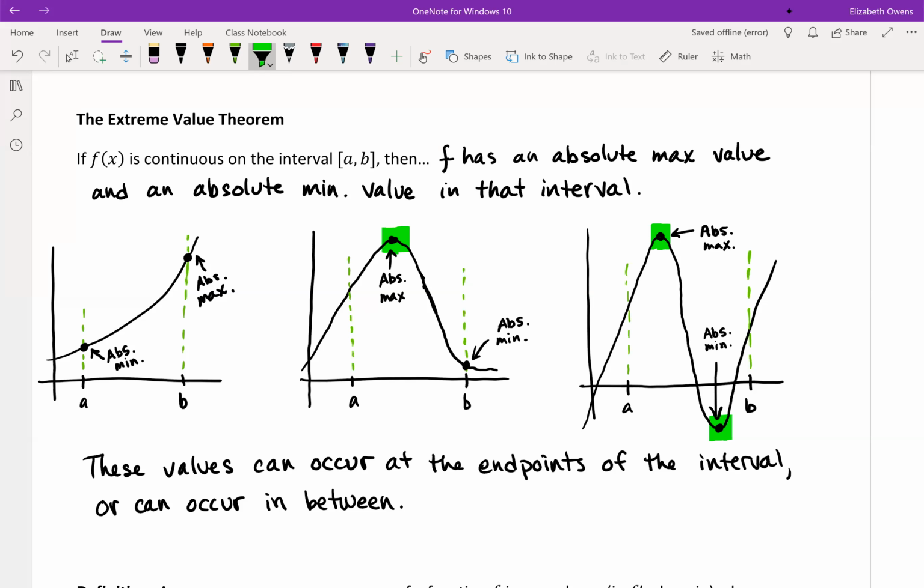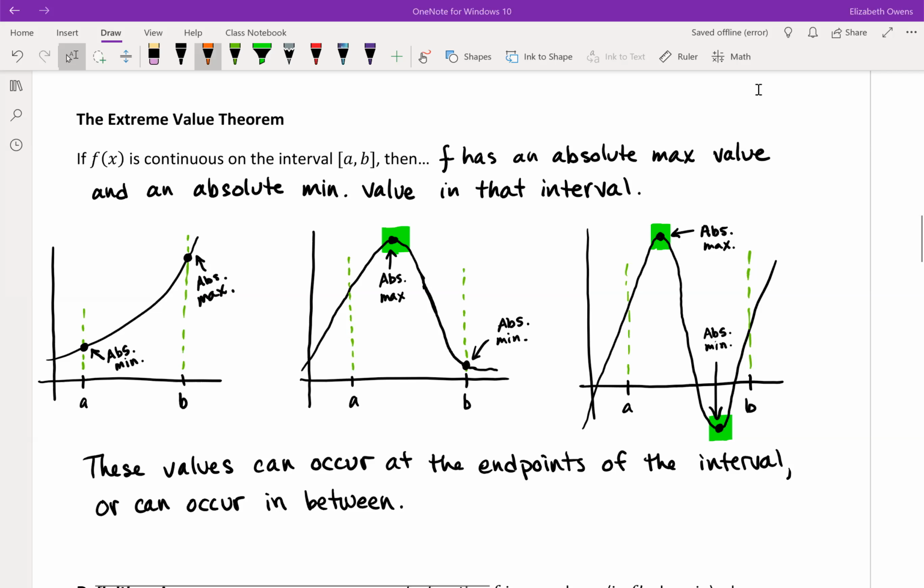Something that relates to the derivative. I'll even pause the recording for a second here. I won't totally stop it, but I'll pause it.